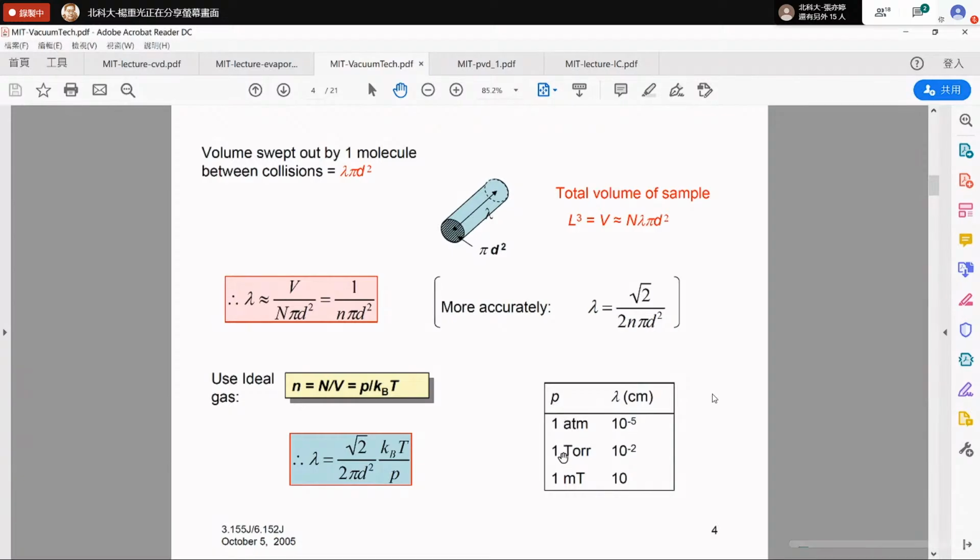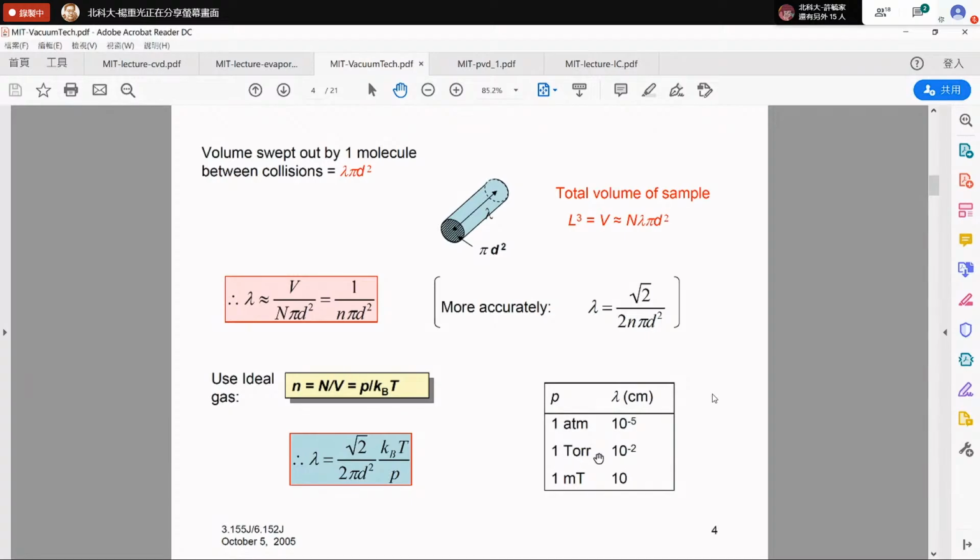One atm equals 760 torr, so if you reduce to one torr, the mean free path increases by 3 orders, from 10 to the minus 5 centimeter to 10 to the minus 2 centimeter.